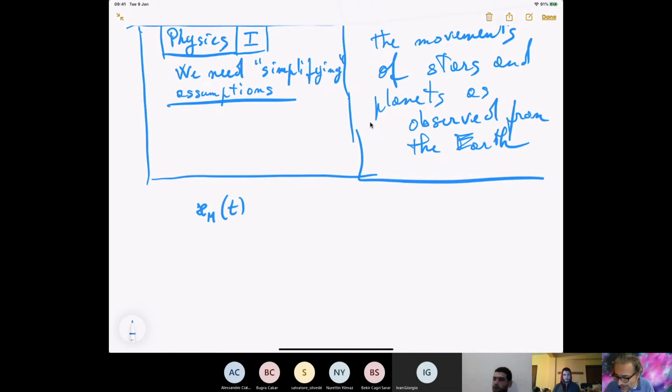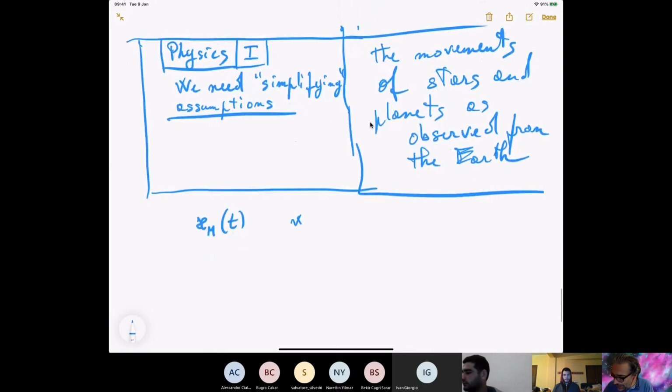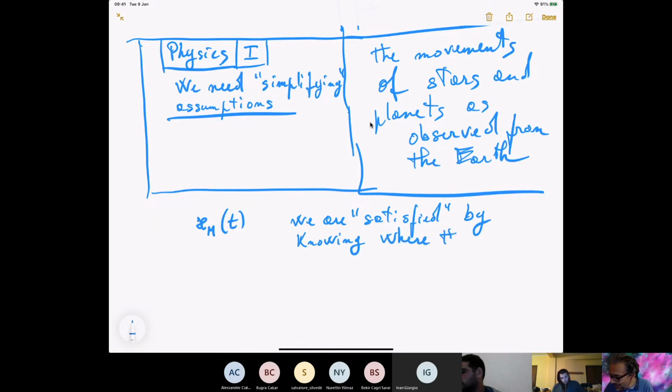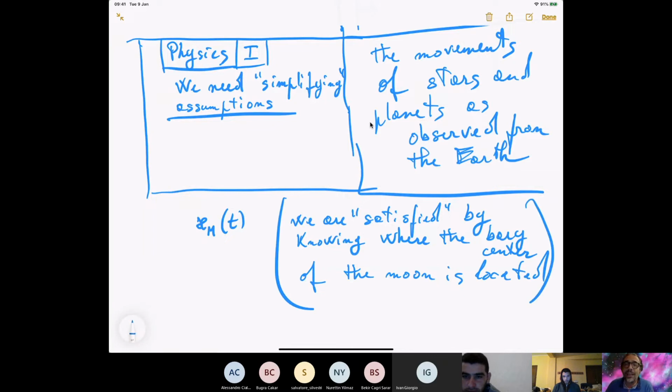So in a sense, we say we are satisfied by knowing where the barycenter of the moon is located. This is a simplifying assumption.